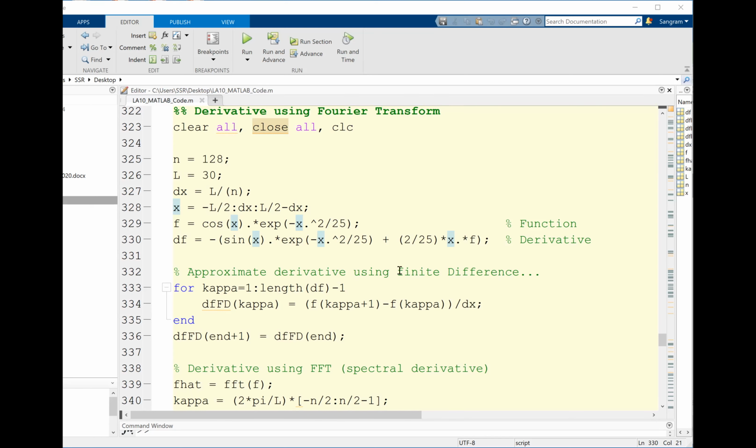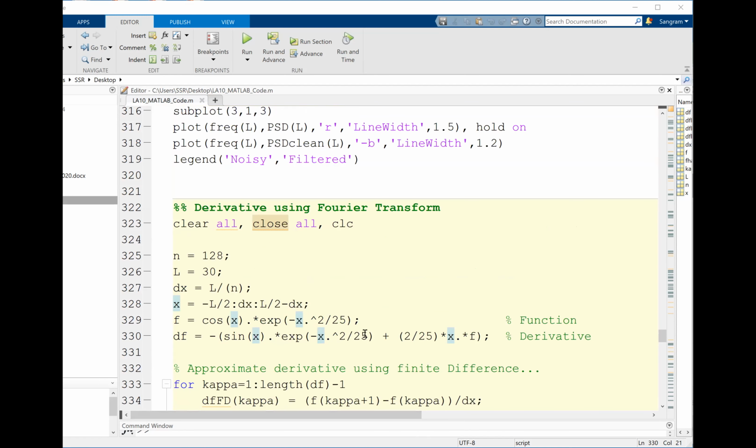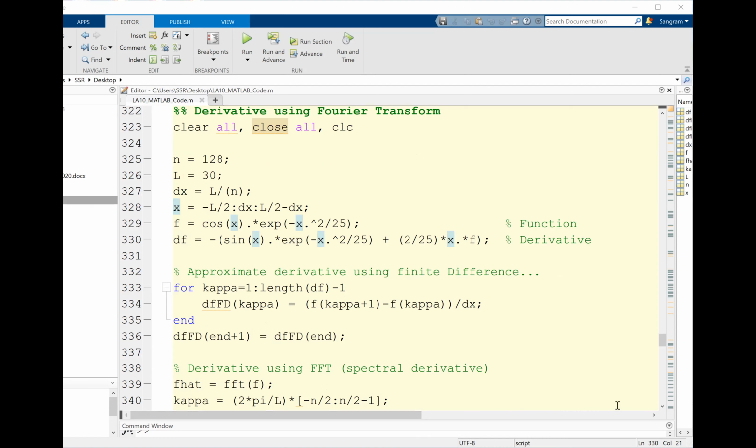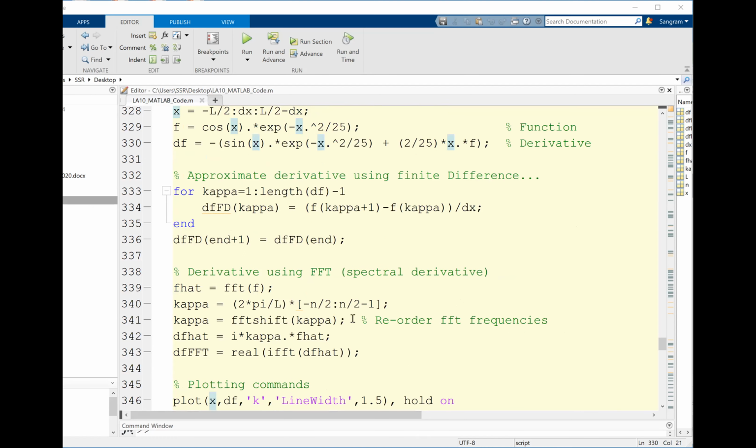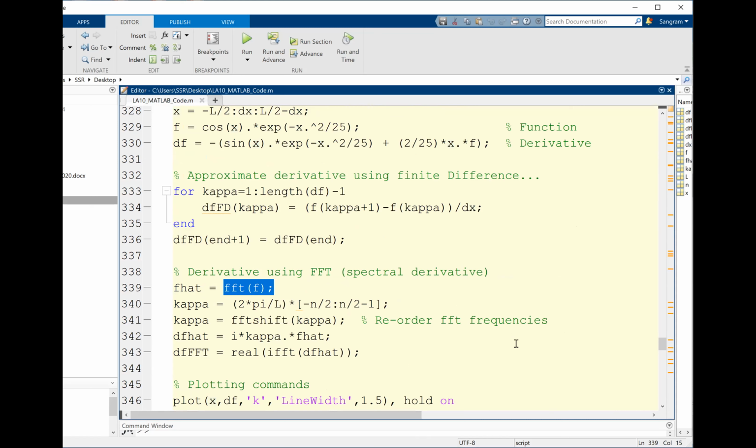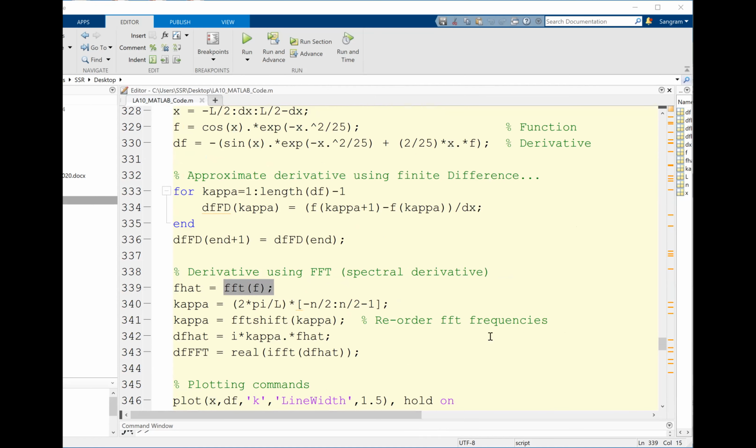And then I'm finding out the spectral derivative, which is the bottom here. And that is actually computed using, can you see that I have used the function FFT? So I'm using FFT to find the spectral derivative. And some of you may ask me, in this particular case, the finite difference looks good with an FFT or spectral derivative.